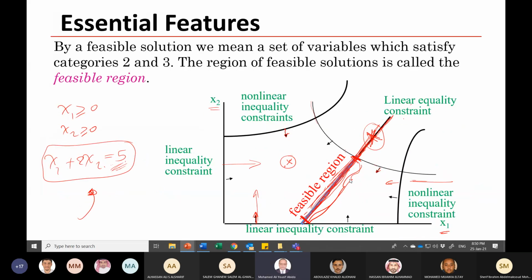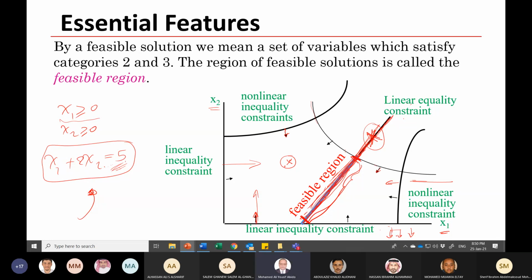In this example, assume that x1 is greater than 0. Where is the region where you have x1 greater than 0? This is x1. And this side here, x1 is less than 0, right?